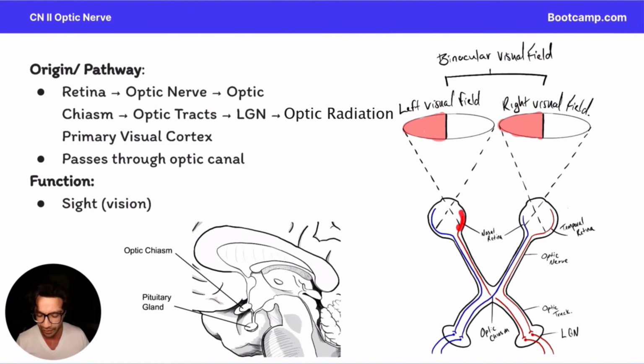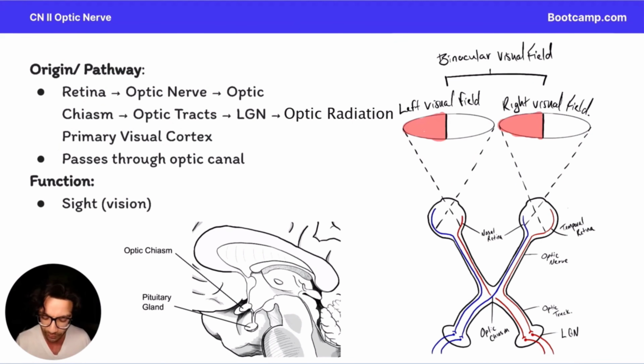So our nasal retina, remember, is going to cross over at that optic chiasm right here, and it's going to join in our right optic tract along with the temporal retina, which stays ipsilateral. So we have contralateral and ipsilateral, and this optic tract is now processing all this contralateral information. So this is the right optic tract, but it's processing left visual field information. And the same is true on the other side.